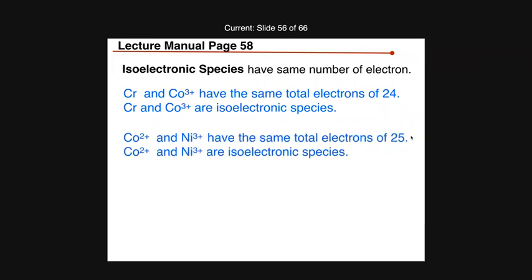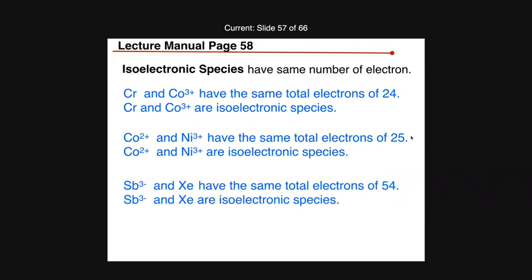Same thing for cobalt 2 plus and nickel 3 plus. If you add the total electrons, the total equals 25. Cobalt 2 plus has 25 electrons total, and nickel 3 plus has 25 electrons total. Therefore, these two are isoelectronic species of each other.